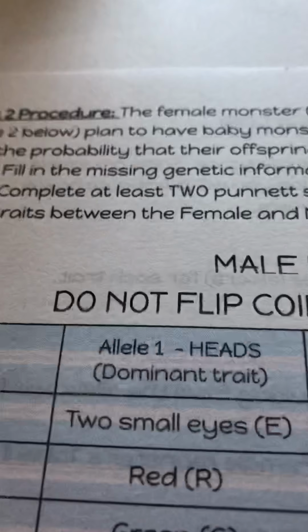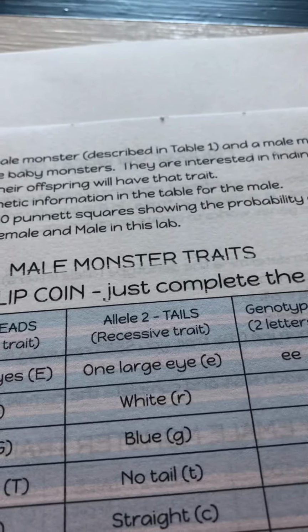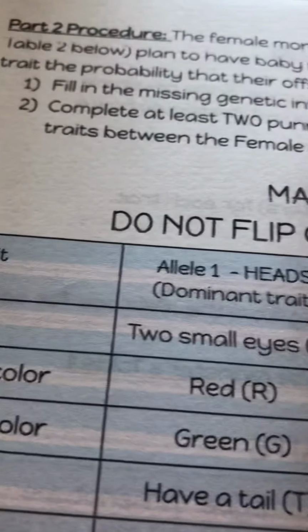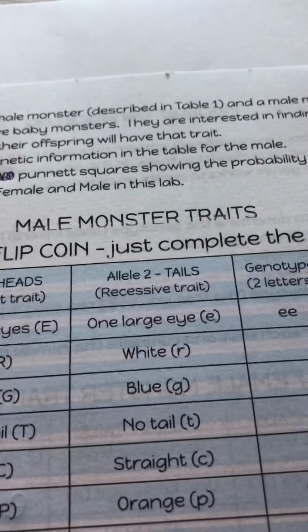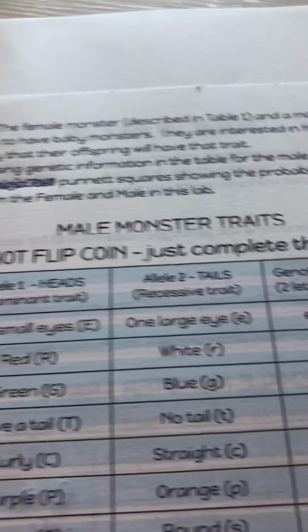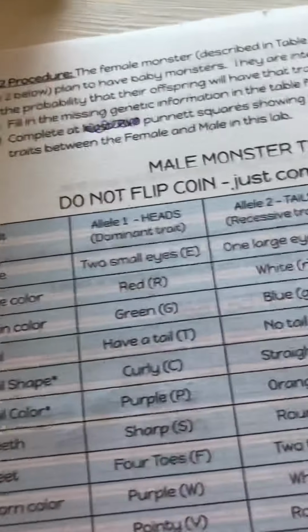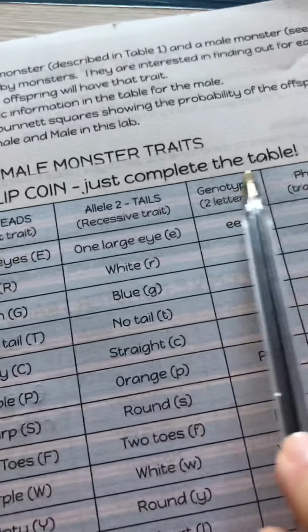So you're going to fill in the missing genetic information in the table for the male. Then you're going to complete the Punnett squares, showing the probability of that trait for the male and female. So this one's different. Again, do not flip a coin. You're just going to complete the table.